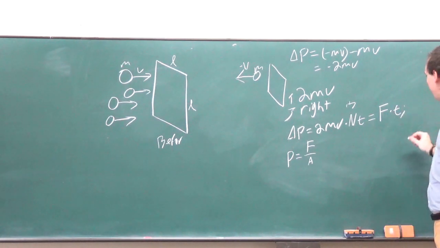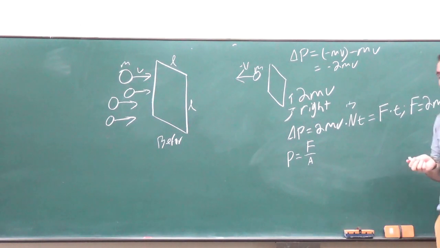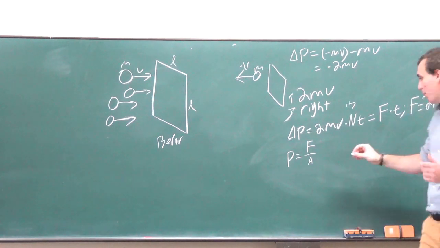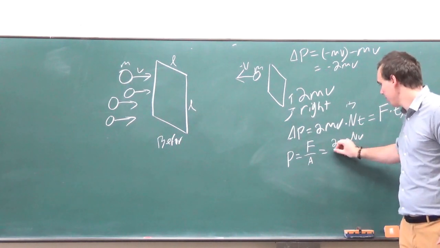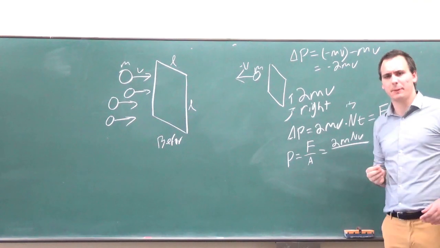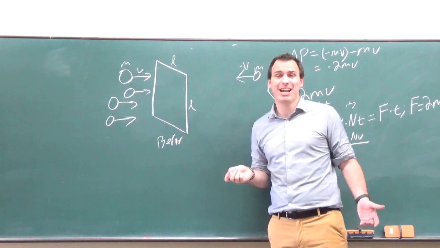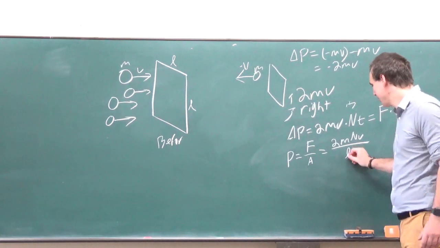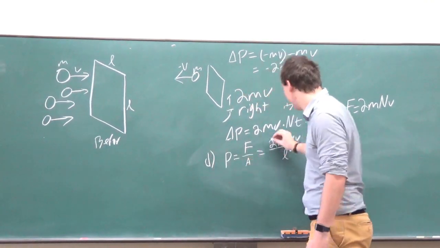So, therefore, our force must be, cancel out the t's, 2mnv. Okay, let's take that and put it down here. 2mnv over what? Well, thankfully, this is a square, so its area is pretty easy. That's just L squared. And this is your answer to D, right here.